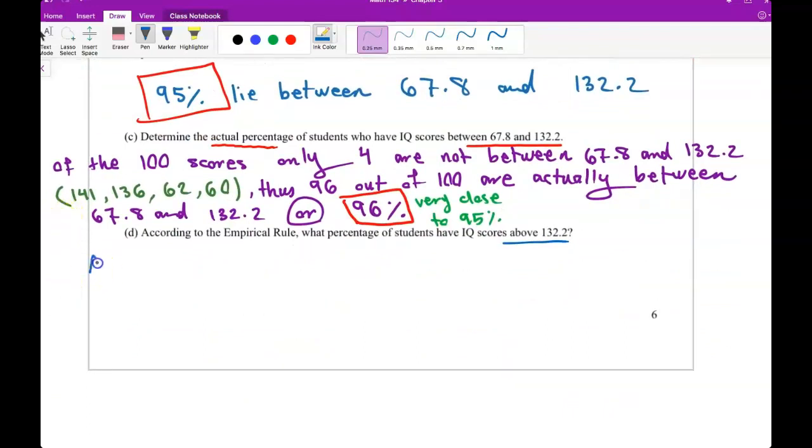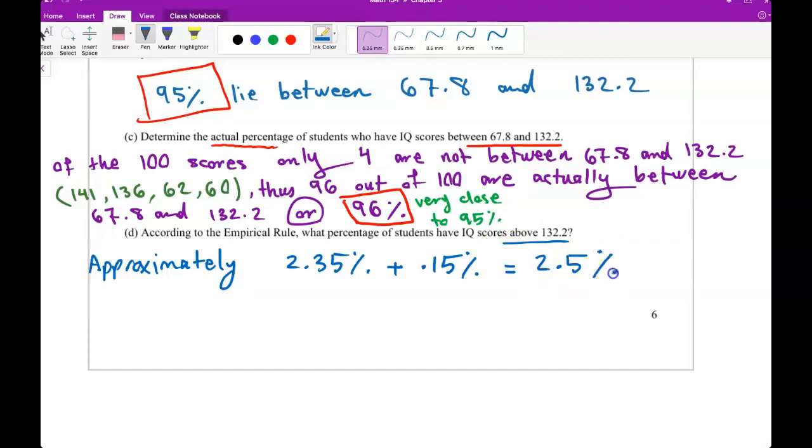So that is approximately 2.35% plus 0.15%. That is equal to 2.5%.